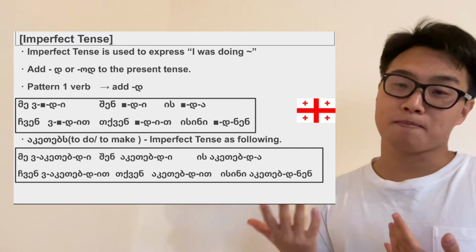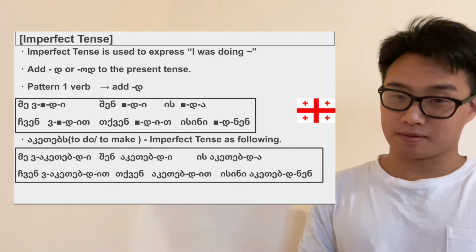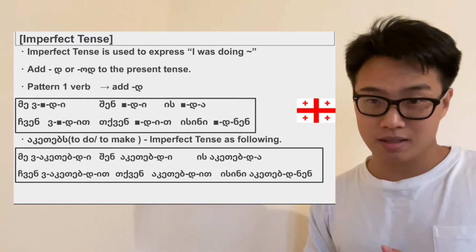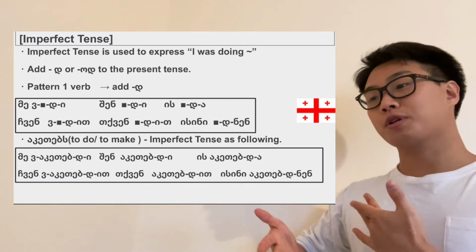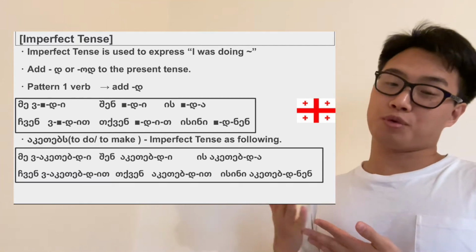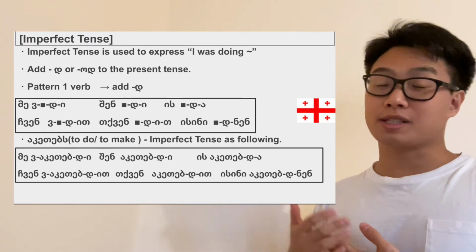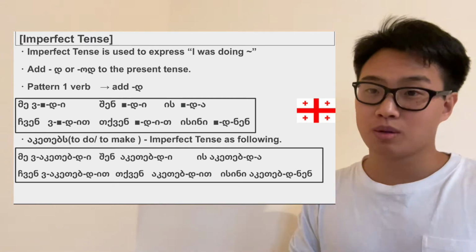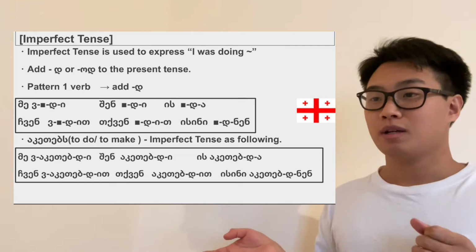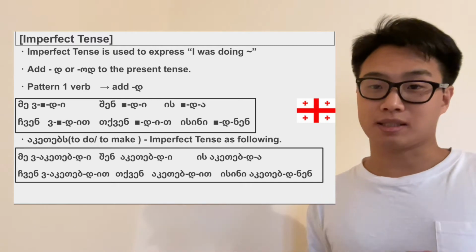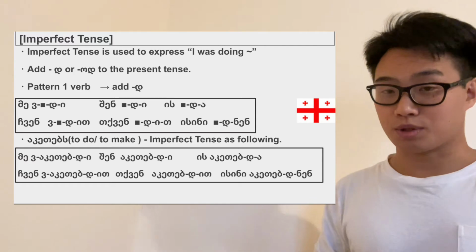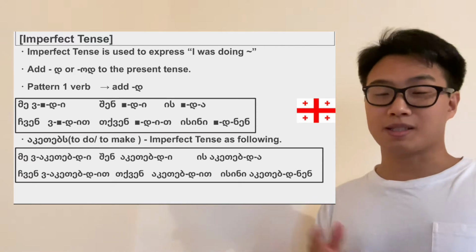When we talk about the imperfect tense, past progressive tense, we don't need to use the ergative case. So the subject of the sentence should be in nominative case, and the object of the sentence should be in dative case, which refers to the object. Okay, so it's not like the past tense that we learned, where we have to use the ergative case for the subject. It's very simple.